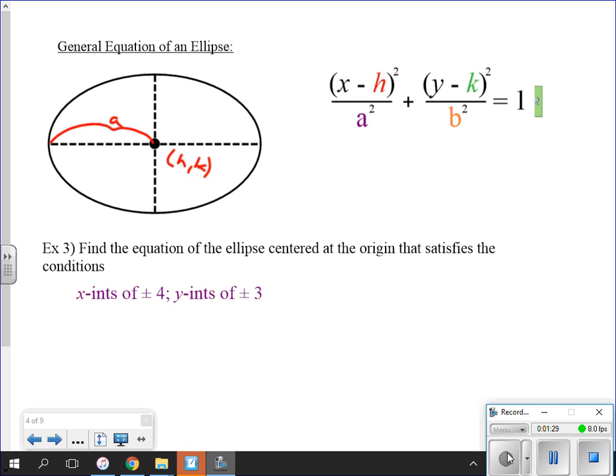A is going one way, A is also going the other way. Okay. B is the distance away from center along the y-axis to the y vertex. Okay. Unlike a circle, the radius is not the same. The distance from center is not the same.